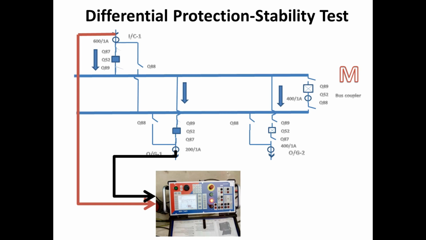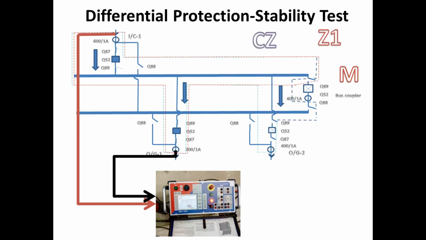Second, in the same way you have to repeat this whole procedure. What we do now for outgoing 1, we repeat for outgoing 2. So now we are going for incomer 1 to outgoing 1. Now I am going to inject 200 amps, and this is the zone covering this injection.